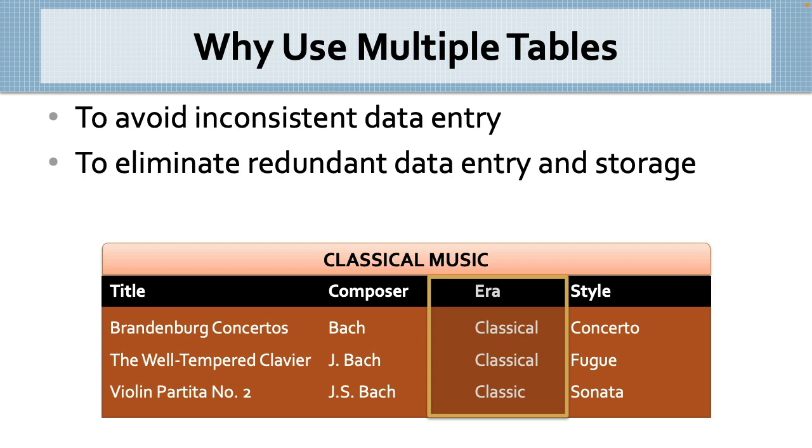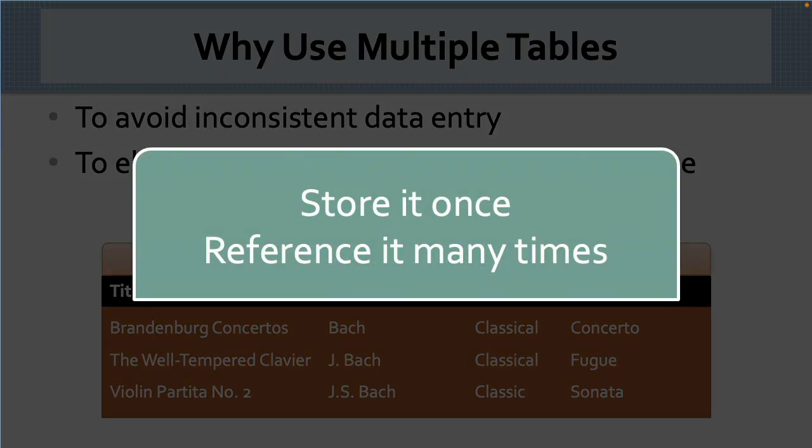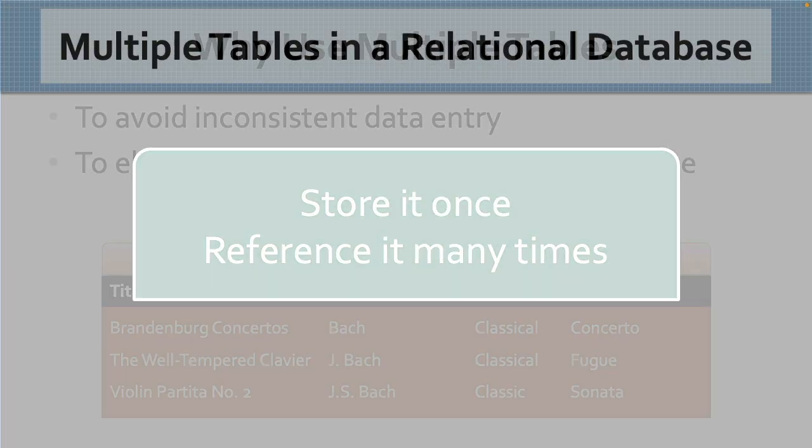And not only are we asking our users to type the same data values over and over, which eventually leads to inconsistency, but we're also asking the database to store those values repeatedly, which makes the database big and slow. If only there was a way to store an entry once and reference it many times, well, there is, using multiple tables in a relational database.